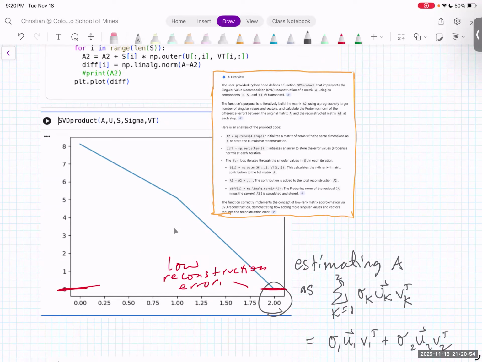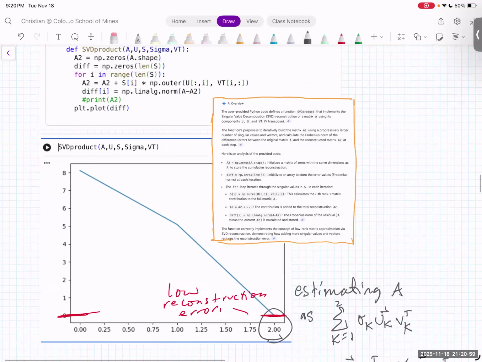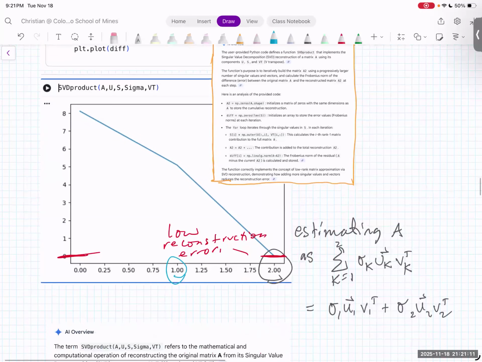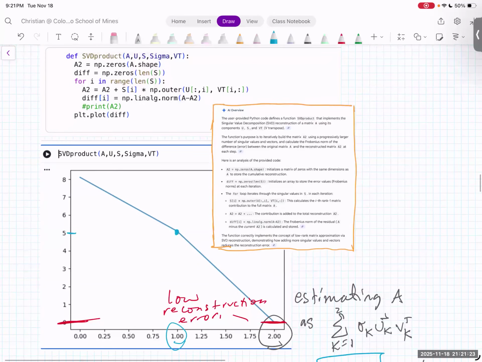And what this code is doing is calculating the difference between our estimating matrix and the actual matrix per the number of singular values we use. So if we were to use one singular value and just take this matrix, sigma 1, U1, V1 transpose, then we're off by a distance of about 5, where that distance is the difference between A and A2, this norm distance.